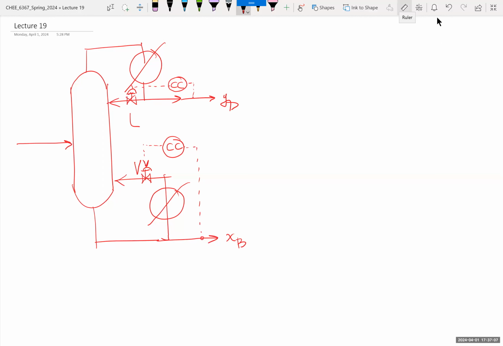And there may be other things of interest. Here, for example, you may have level controls. This may have a level controller here by having a control valve that opens and closes there. So the main idea again is that there are typically multiple variables in all of these systems.